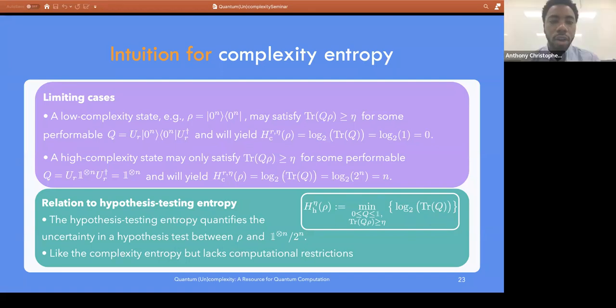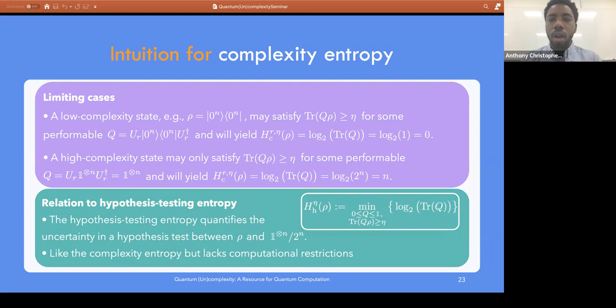So I think I understand your question. If this doesn't answer your question, just follow up. So the idea is that we need some Q that will satisfy the type 1 error bound, so that the measurement operator will identify rho with probability at least eta.